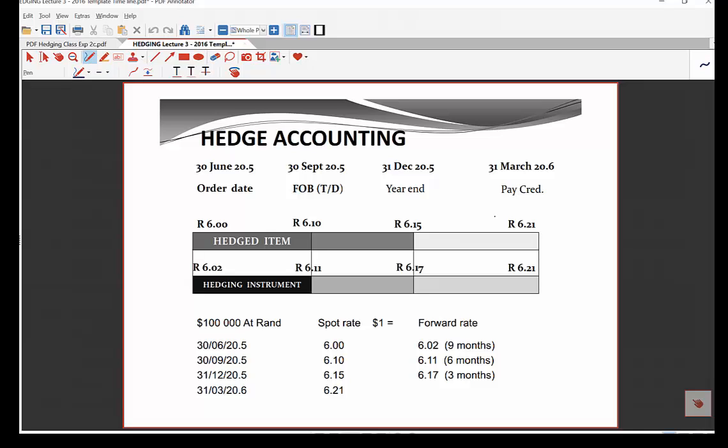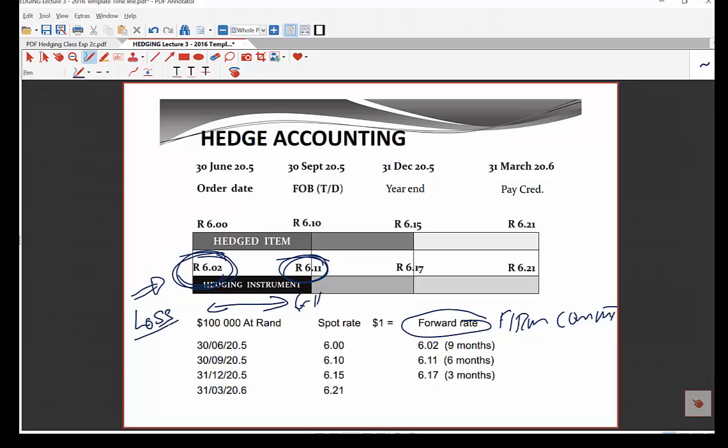So for that reason, and as I said before to you, even with a firm commitment, we have to use the forward rates. And now, if you would have purchased this asset at order date, you would have only paid 602. But now it's transaction date, and now the transaction is at 611. So your firm commitment made a loss of 9,000 rands.